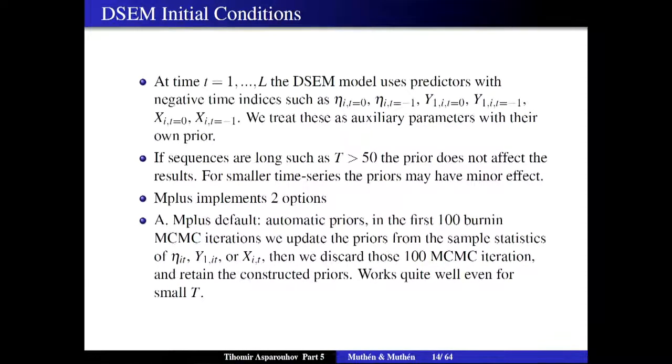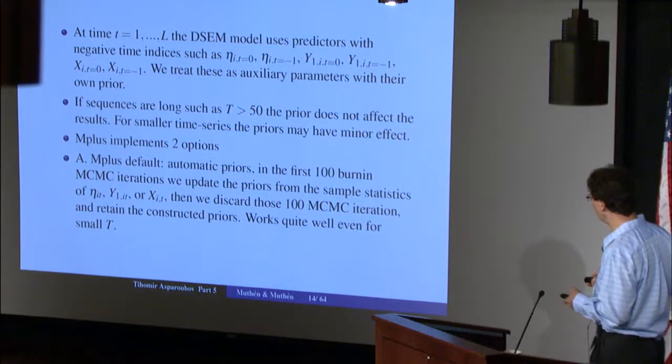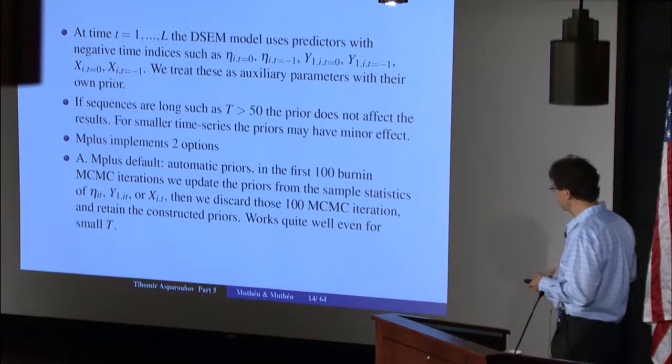In general, these initial conditions don't affect much of the model estimation as long as the time series is 50 points or more. Even with 20 points, probably the effect of this initial condition is very small. And basically the prior does not affect the results.